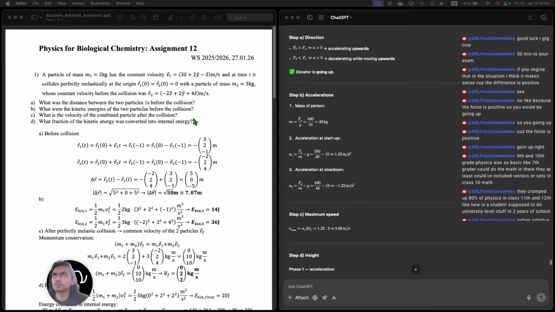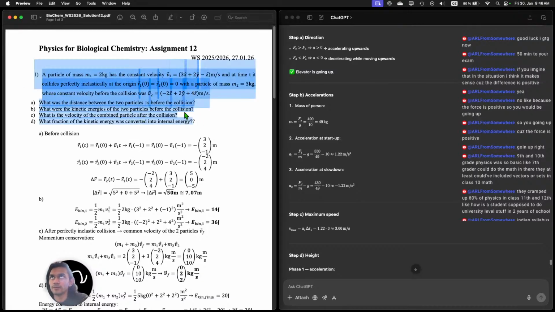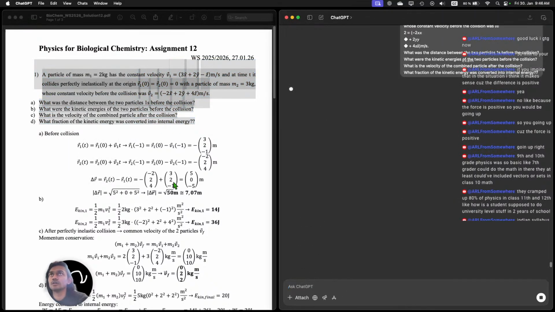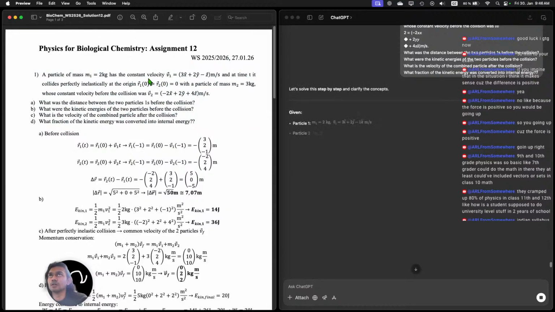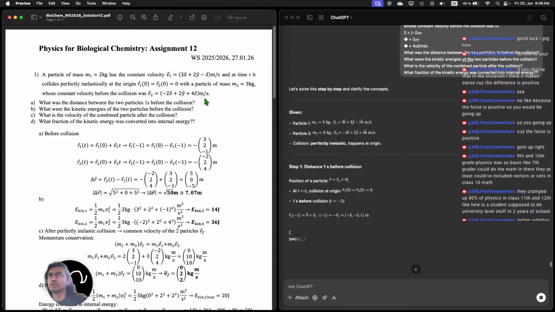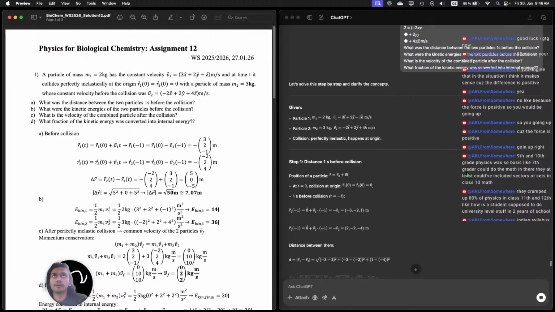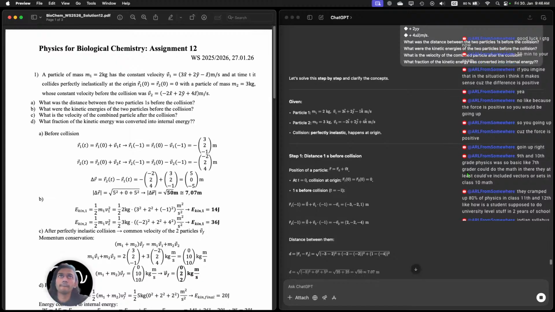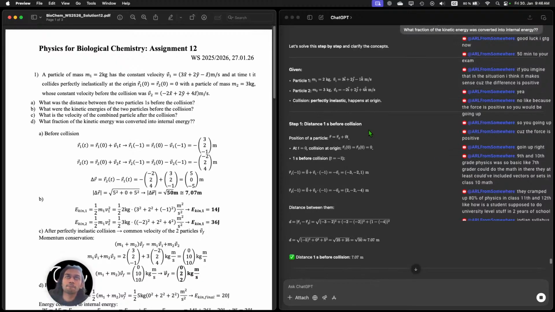I kind of remember this, but you take the vector, you multiply it by mass to get the... that's velocity, right? You need a position of a particle, r0 at t equals 0, collision at the origin. 1 second before collision, t equals -1, r-1.